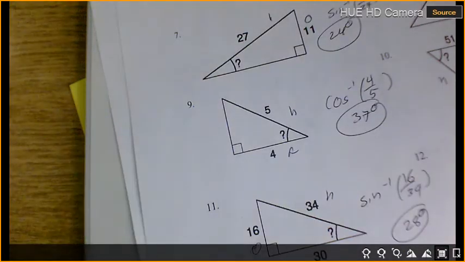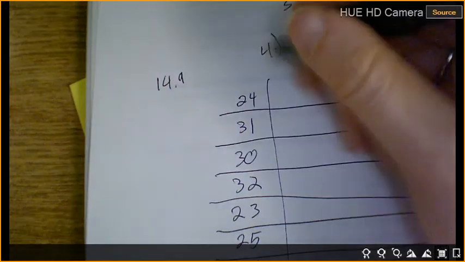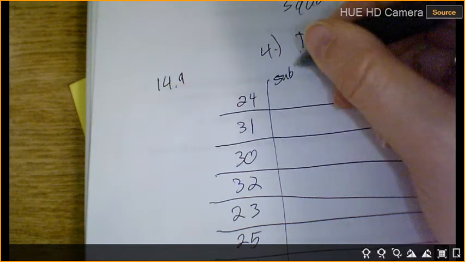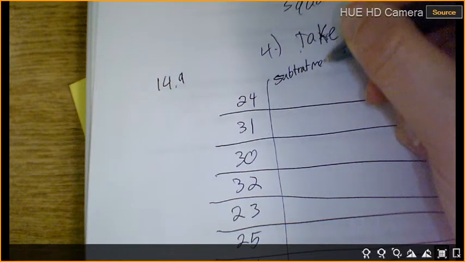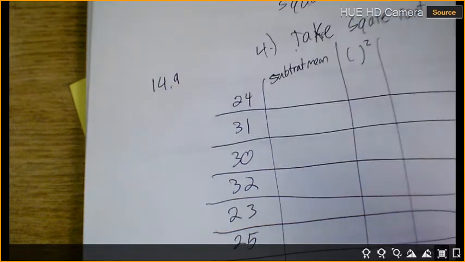I know that my mean for this is 14.9. Okay? So first I'm going to subtract the mean. And then I'm going to take that answer and I'm going to square it.